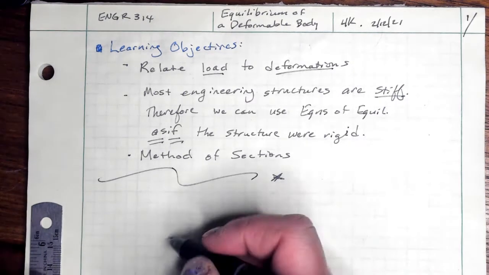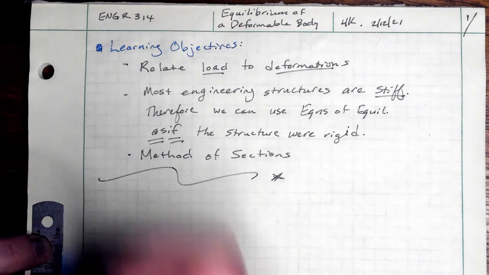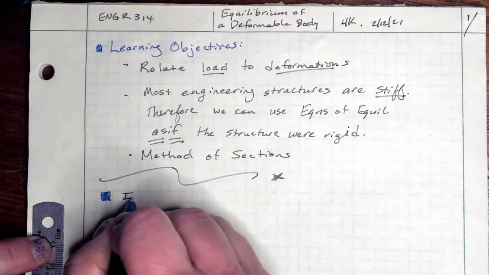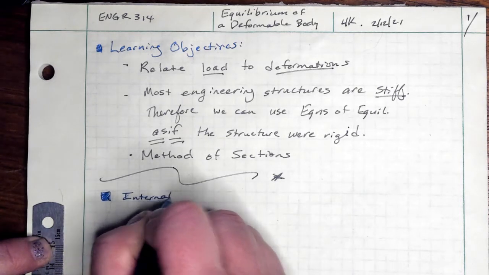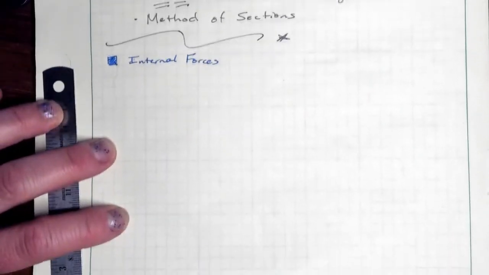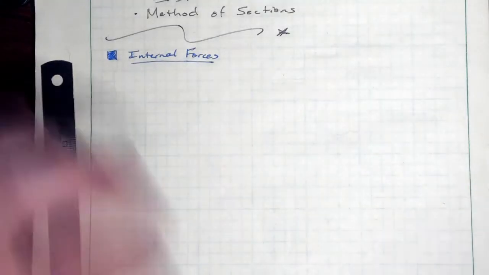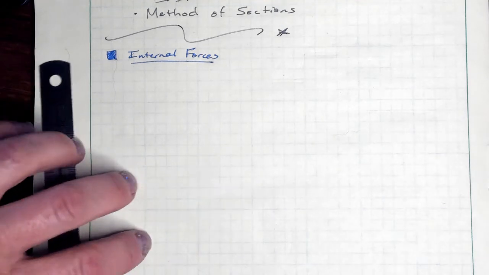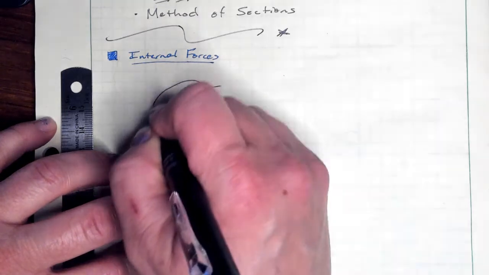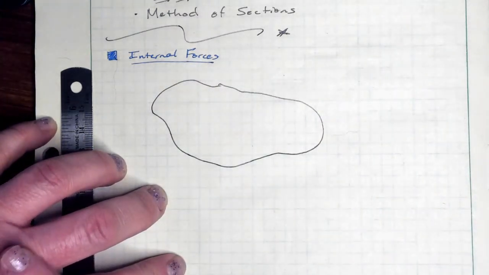All right, so I'm going to start off looking at internal forces. Okay, to do this, I'm going to draw a body. Kind of looks like a potato maybe.